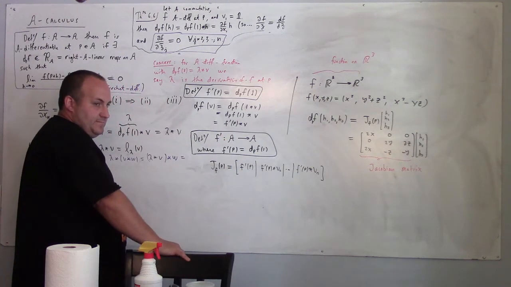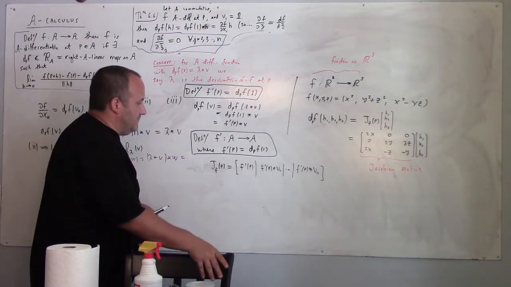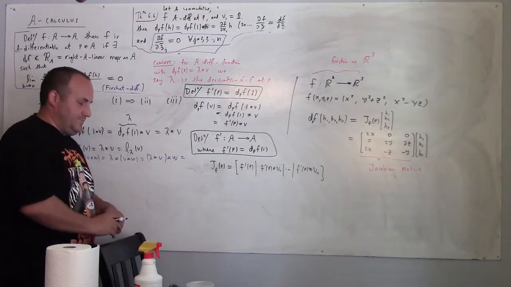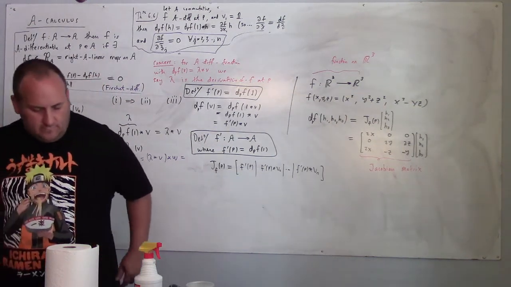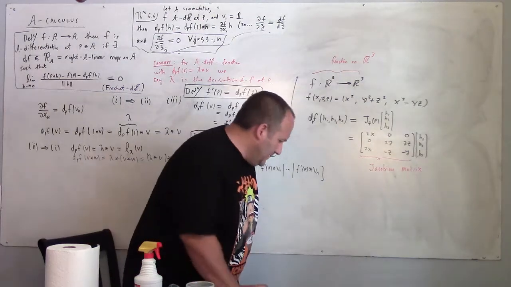We would just pull f prime of p out, right? Because f prime of p should give you something you can pull out, because it's in every term.